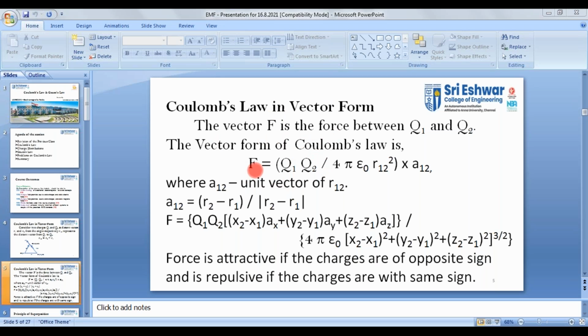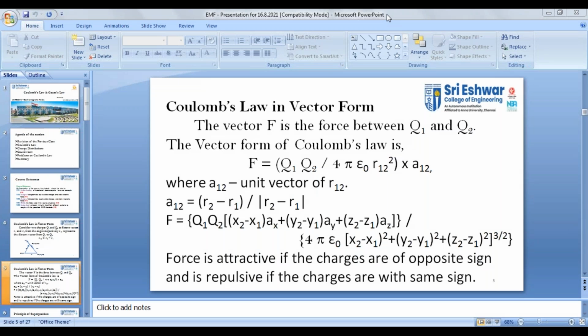Okay, so F is equal to Q1 Q2 divided by 4 pi epsilon naught R12 square. Until that only we have seen in the last class.